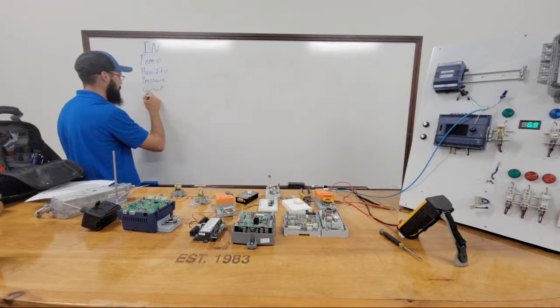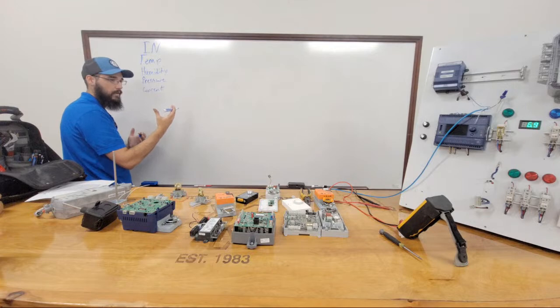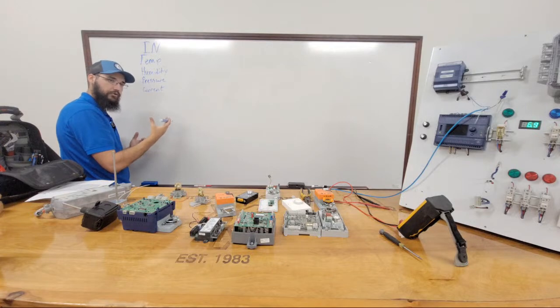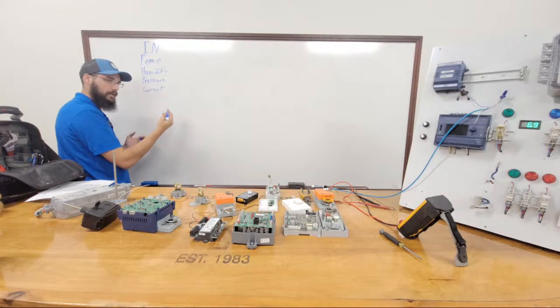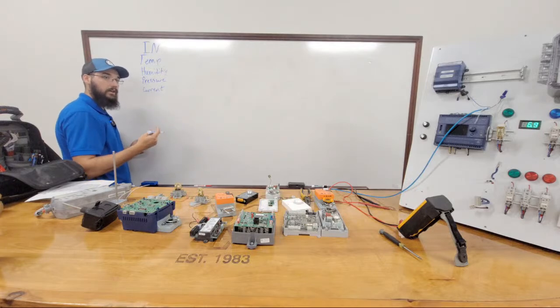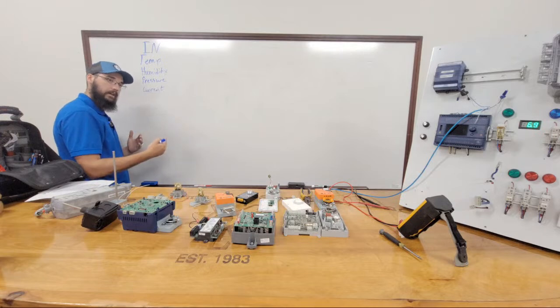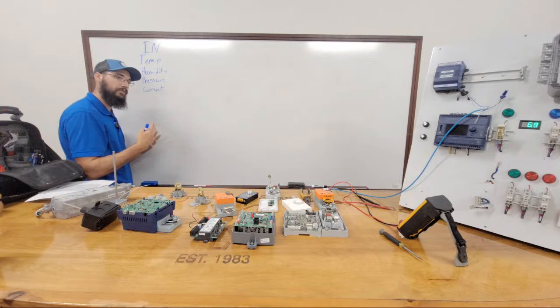It could be just any kind of status closure, whatever type of relay, so for example, you have a current relay or you have a current transducer, right? So current could come through 2 different ways.